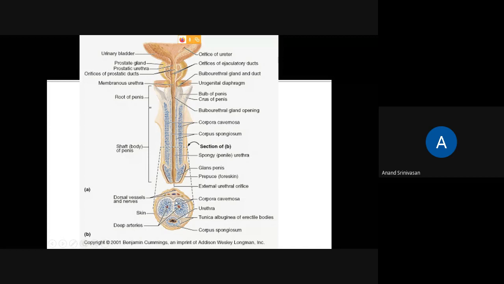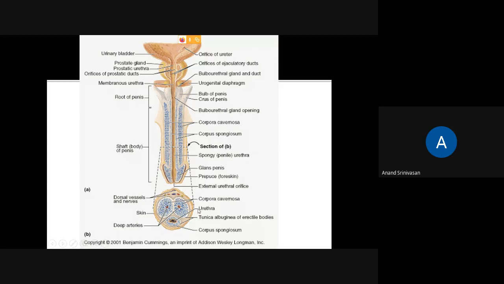This is called the corpora cavernosa. And below this, there is another mass of tissue which is called the corpus spongiosum. Through this corpus spongiosum, the urethra is passing.